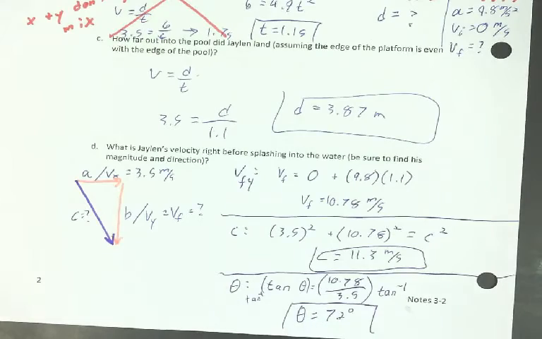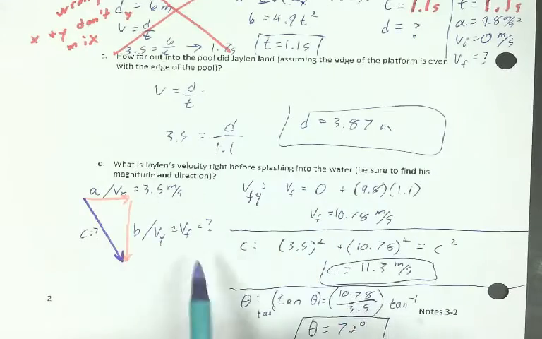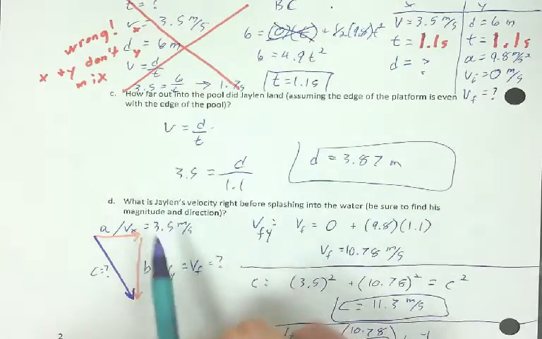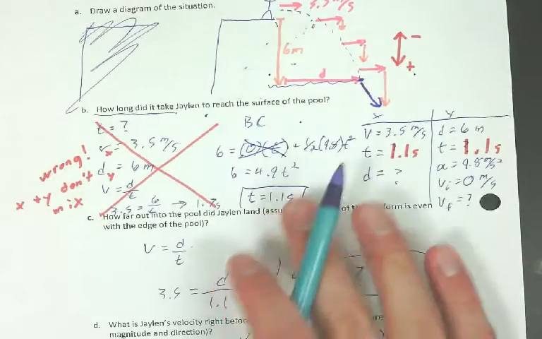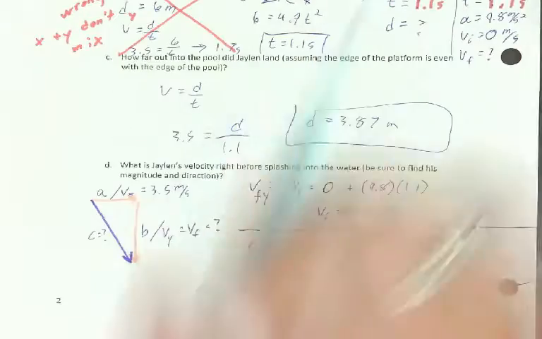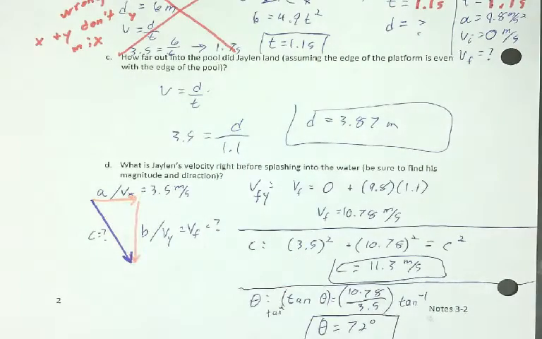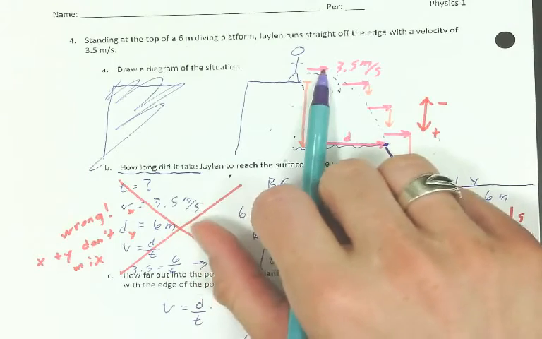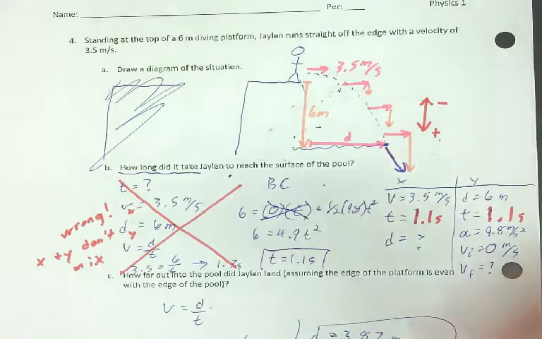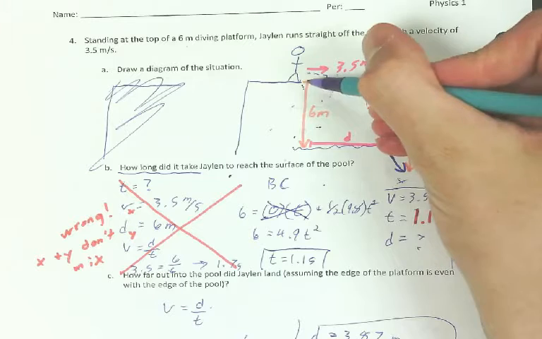Now, one other thing I want to mention, why didn't I use 6? So it seems to me like the obvious choices for these here would be 3.5 because that's the forward, and 6 because that's the down. So why am I not using those? Well, two reasons. One is the 3.5 technically is only for the beginning. Now, it is constant, but it is only for the beginning. And the 6 meters is only the measurement at that point, right?